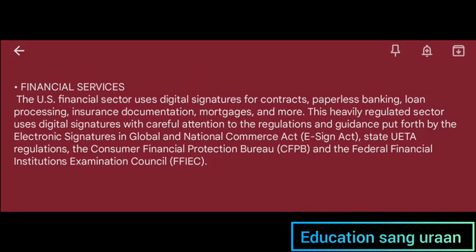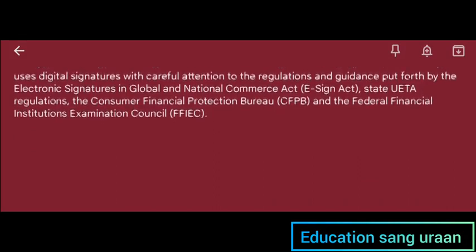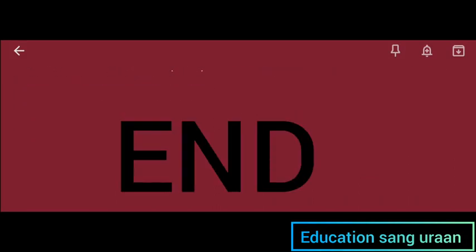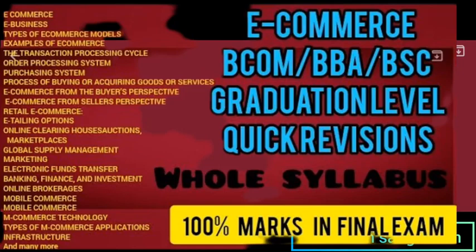This heavily regulated sector uses digital signatures with careful attention to regulation and guidance put forth by the Electronic Signatures in Global and National Commerce Act (E-Sign Act), state UETA regulation, the Consumer Financial Protection Bureau (CFPB) and the Federal Financial Institutions Examination Council (FFIEC).